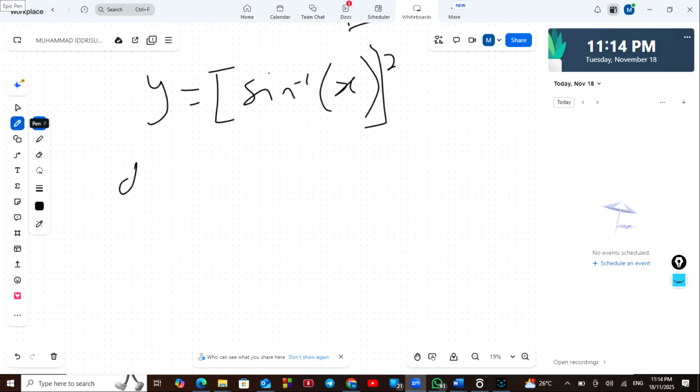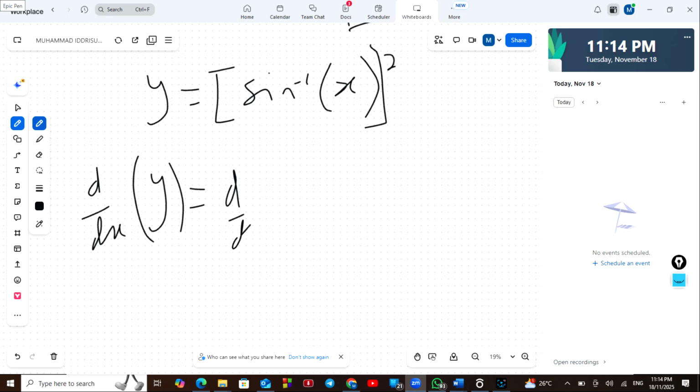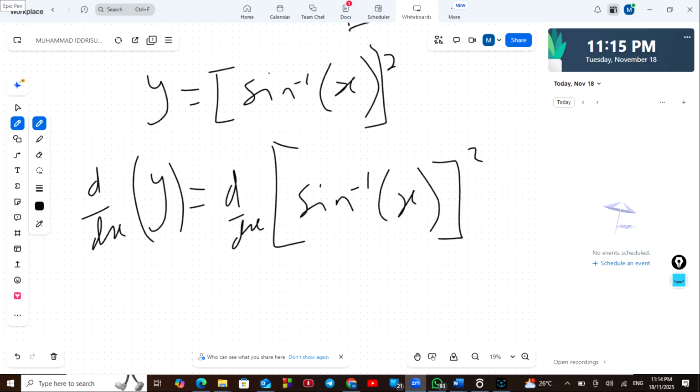So our derivative dy dx, let me solve it this way. So d dx of y will be equal to d dx of sine inverse of x all squared.